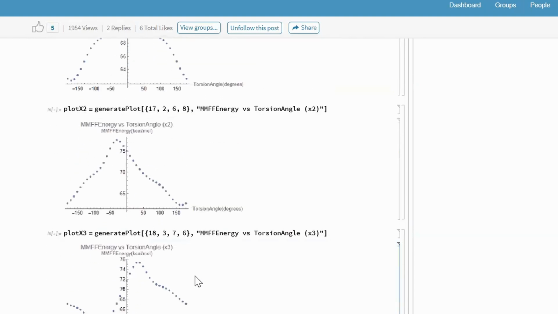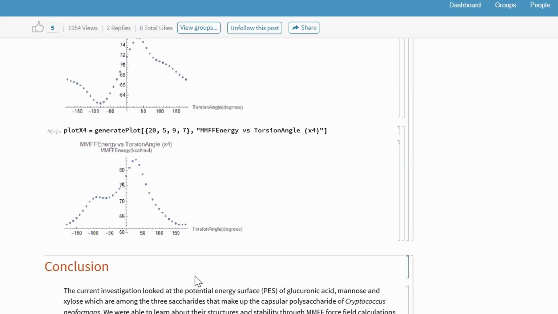You may ask, what's the whole point of doing this? What's the whole point of this experiment? Basically, Cryptococcus neoformans, the fungus, actually kills over 180,000 people worldwide, which is a pretty large number for a fungus.